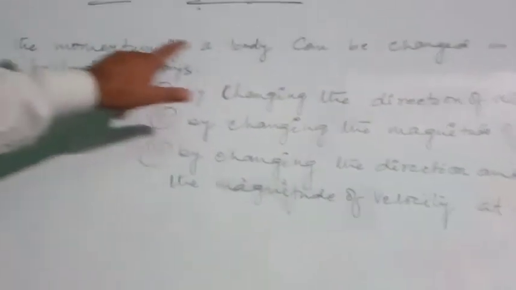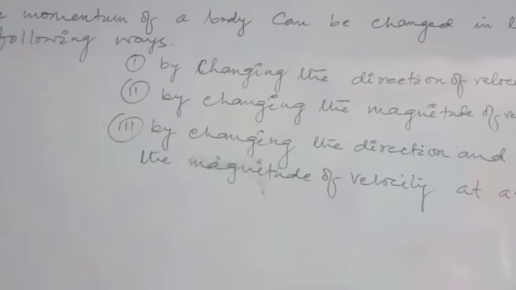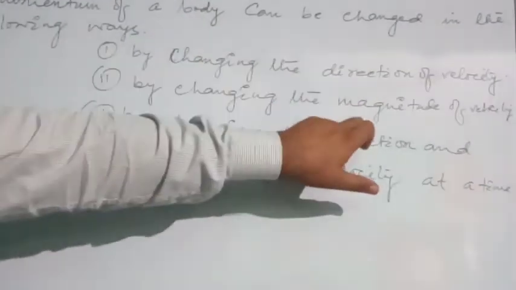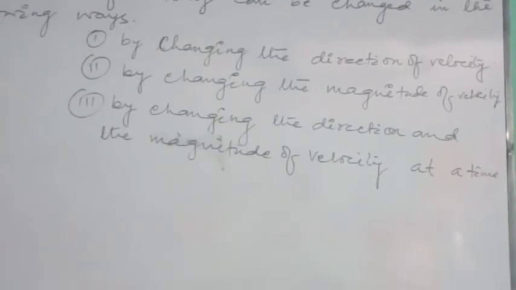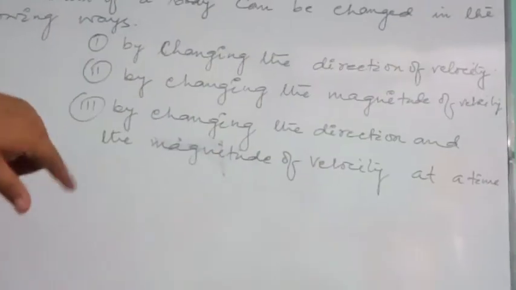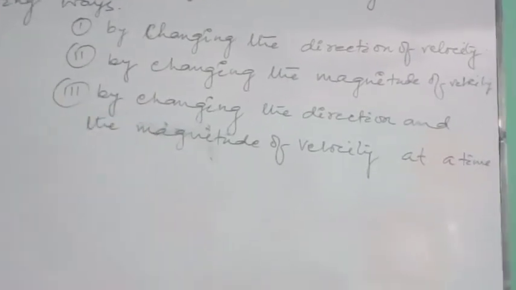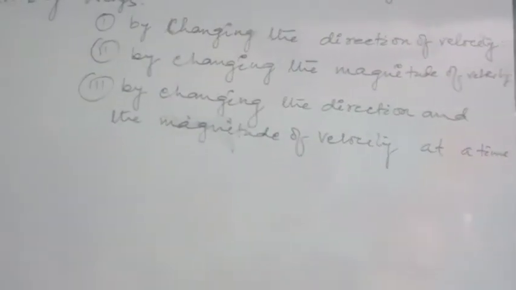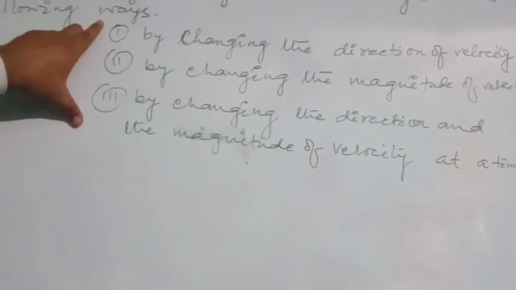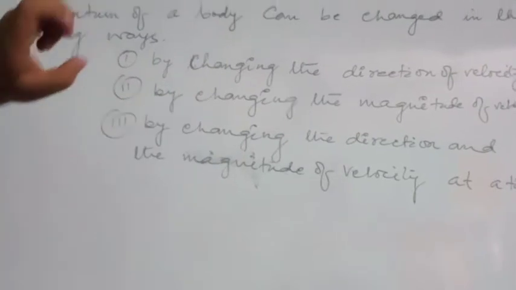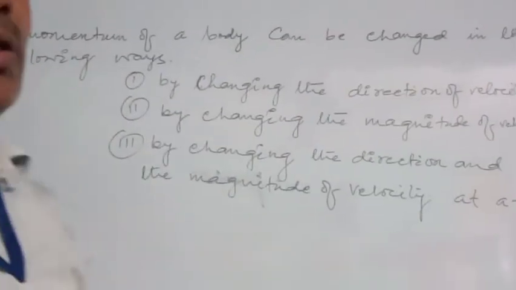The momentum of a body can be changed either by changing the direction of velocity or by changing the magnitude of velocity, or by changing both direction as well as magnitude of velocity. In three ways you can change the momentum of a body, because momentum is a vector quantity.